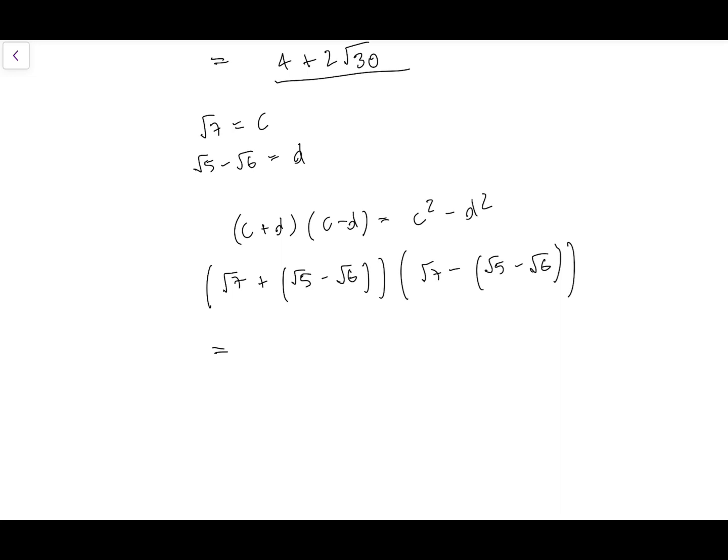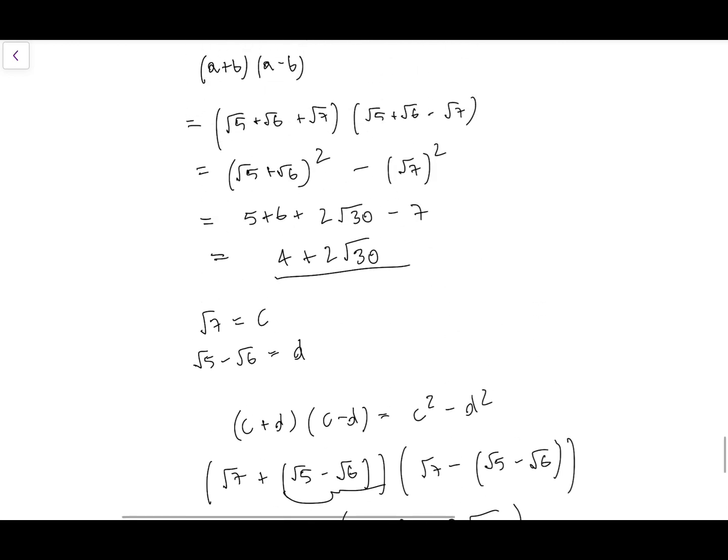So this means that we're going to have to calculate square root of 7 squared, which is going to be 7, and then minus the square of this expression we have right over here. So it's going to be 5 plus 6 minus 2 times square root of 30. And if we calculate it to the end, we have 7 minus 11, so minus 4 plus 2 times square root of 30.